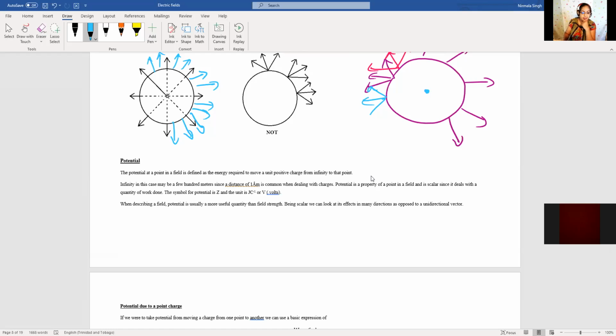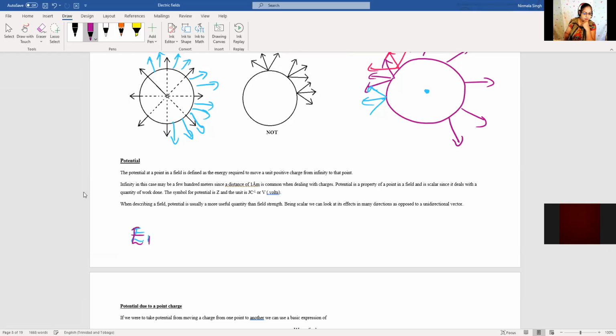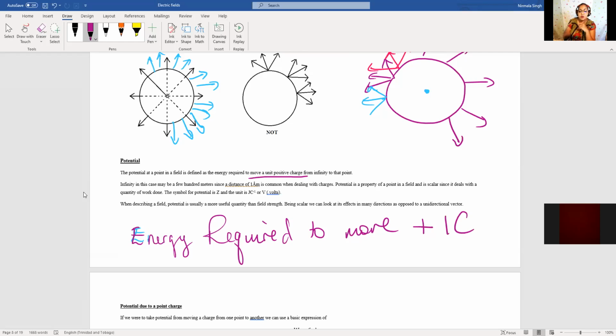So what we're looking at here is the energy required to move, let's read here, a unit positive charge. That means we're looking at +1 coulomb of charge from infinity to that point.